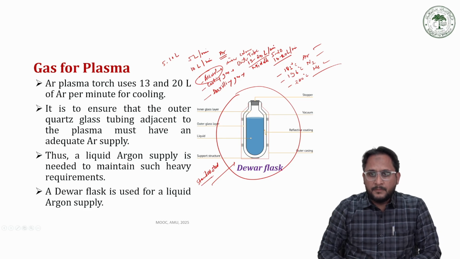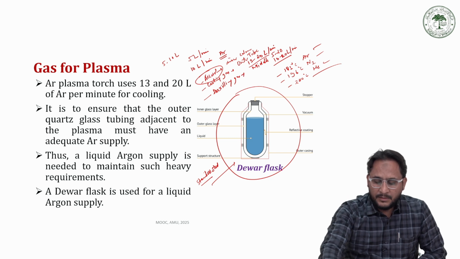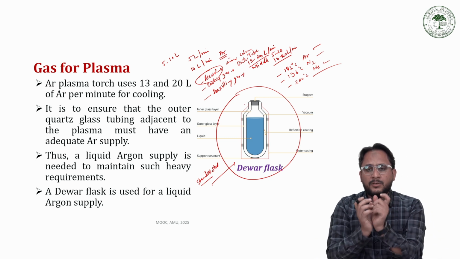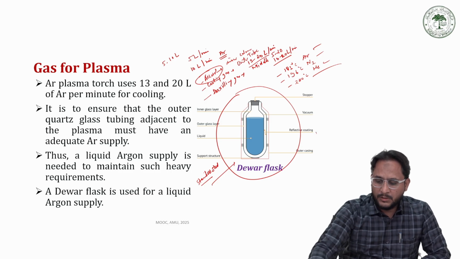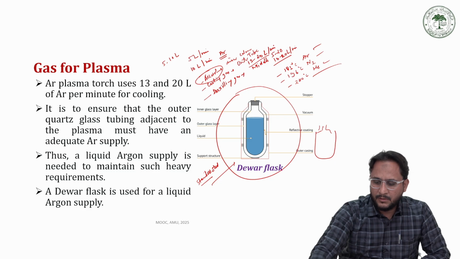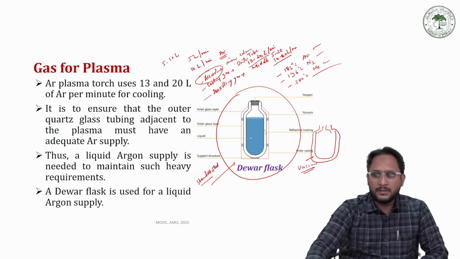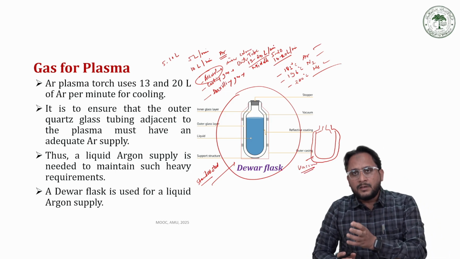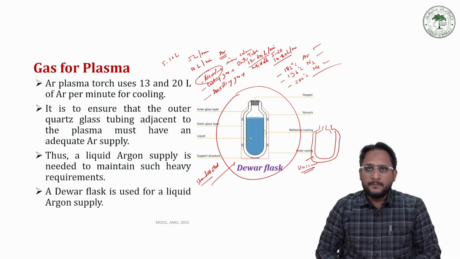And this stainless steel flask has a double walled structure, meaning it has two walls. This flask is made of two walls of stainless steel, and in between these two walls vacuum is created, because vacuum helps us to control the heat losses or the flow of heat due to convection and conduction.